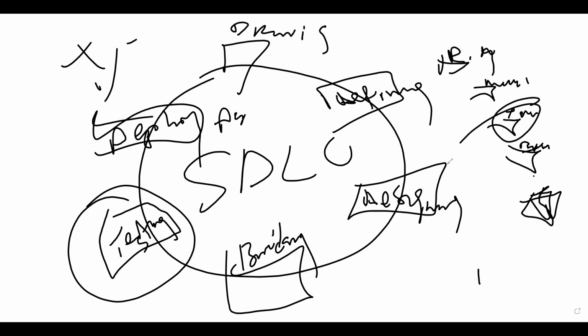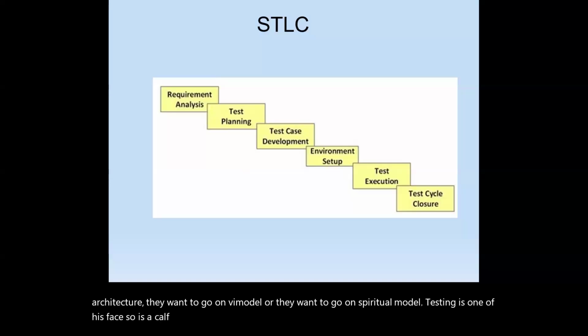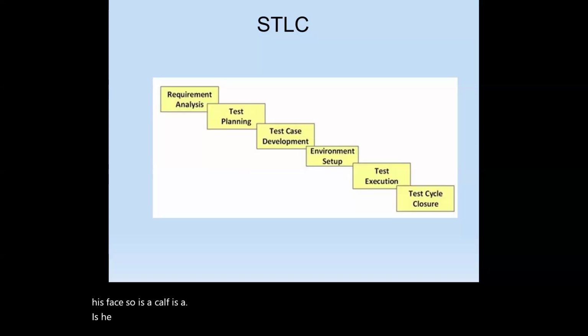So irrespective of any model your organization wants to embark on, whether the V model or the spiral model, testing is one of its phases. It's a phase where you have to test that particular application thoroughly.